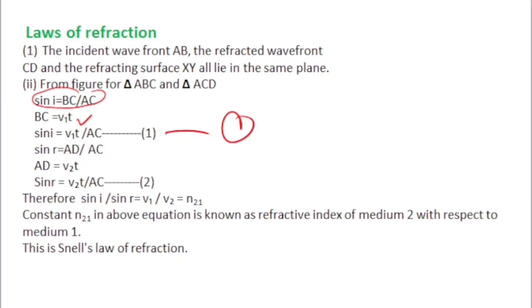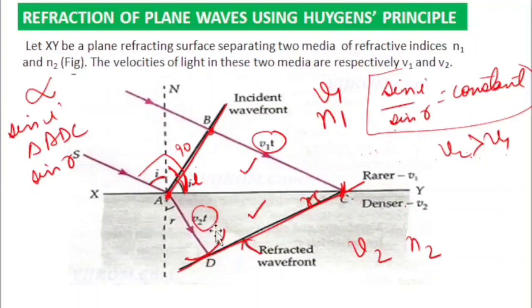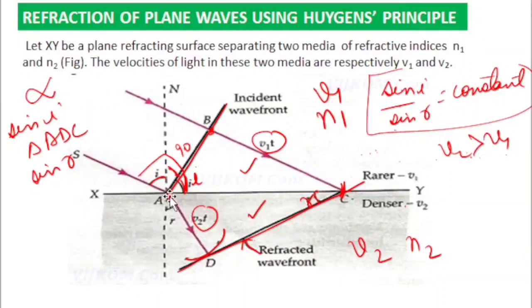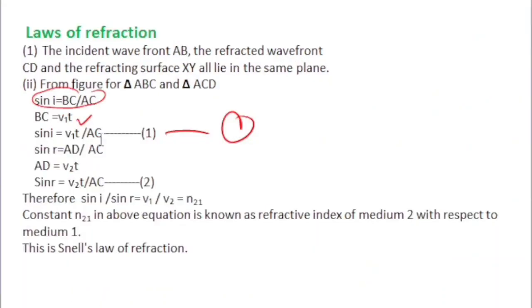In the same way, sin R. Sin R in this triangle ADC is AD by AC. AD is this distance V2t, so V2t by AC. So in this way you get sin R equal to this.